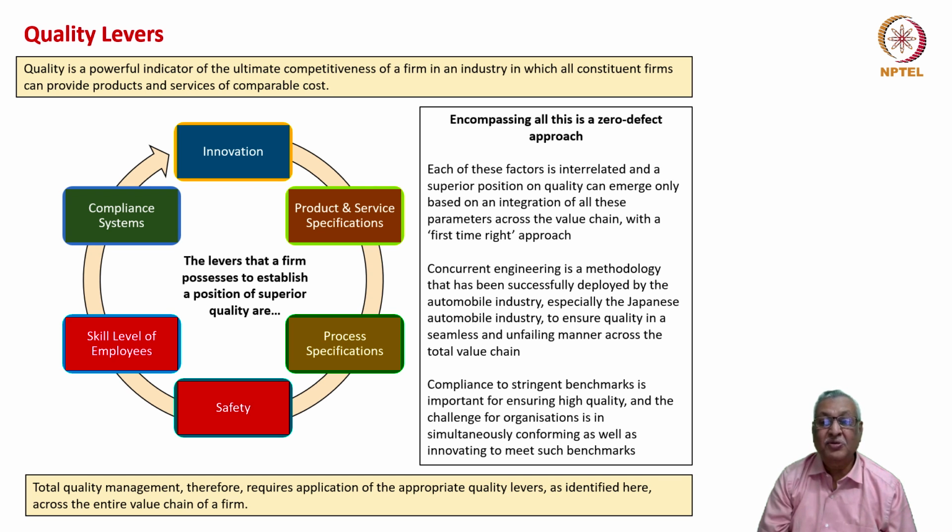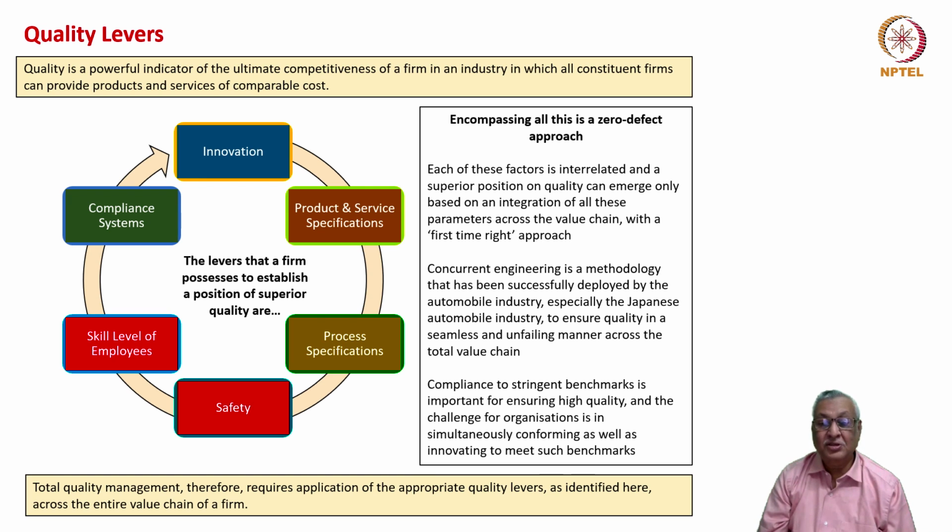Concurrent engineering is a methodology that has been successfully adopted in several industries, notably in the automobile industry, and even more particularly in the Japanese automobile industry, to ensure that quality is implemented as a seamless process across functions and in an unfailing manner across the total value chain.